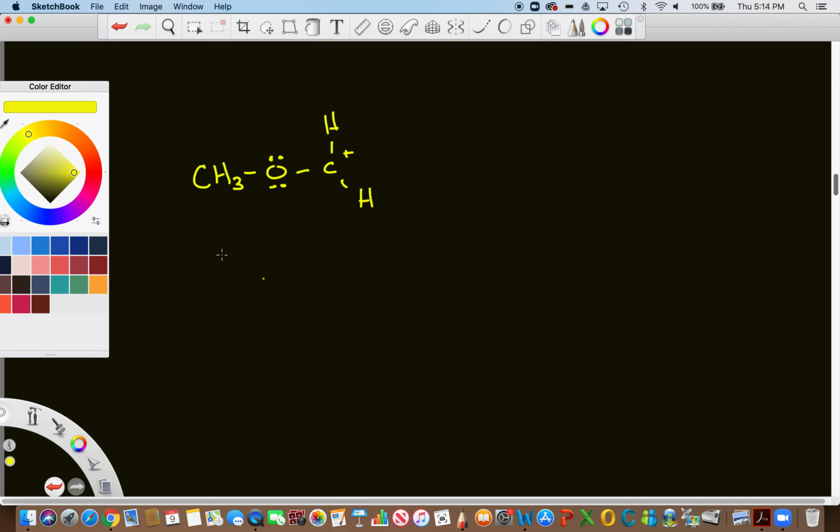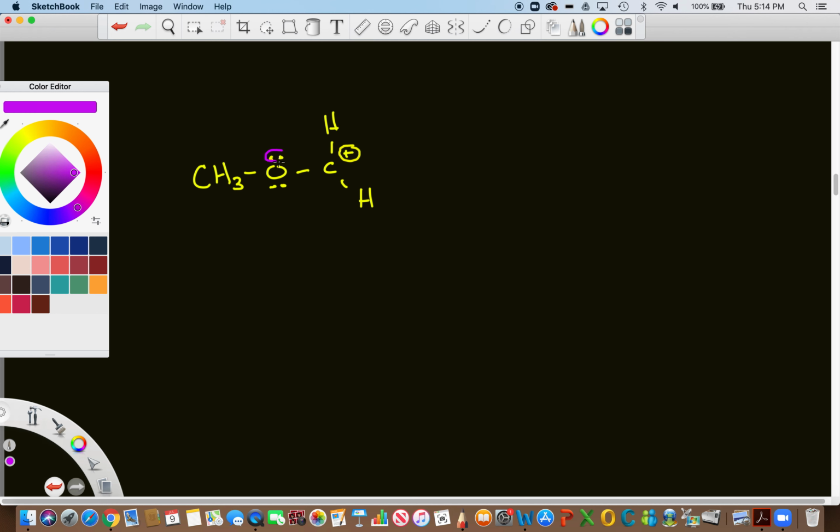So let's look at this molecule. This is a type of ether. We're missing a proton over here, so this carbon has a positive charge. So what could happen? This carbon is short electrons. It wants to have 8.